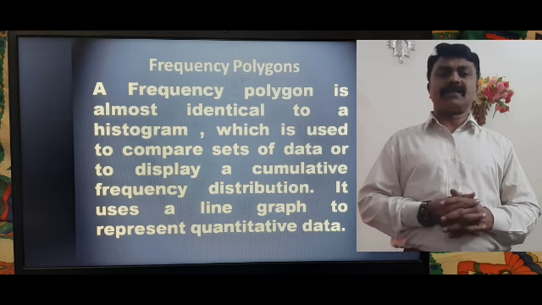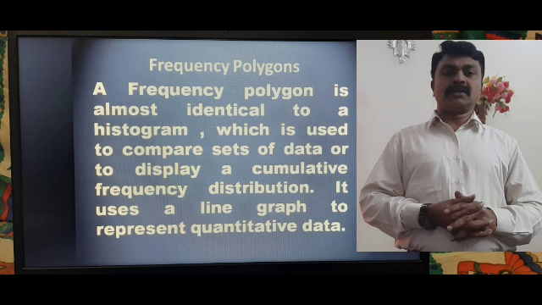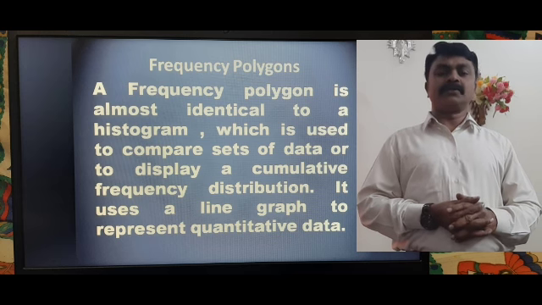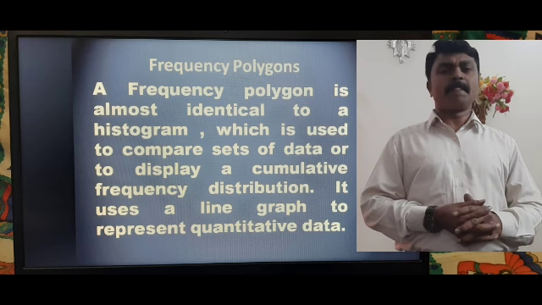First of all, we can understand that the frequency polygon is a type of graph. It is also widely used. Many examples I can give you.